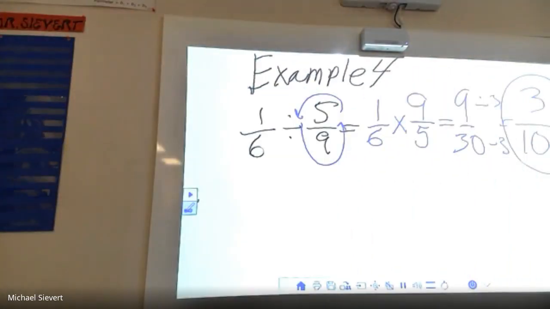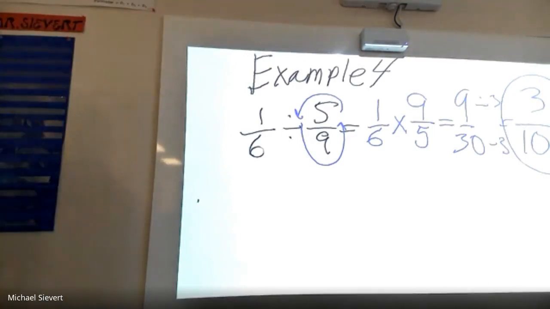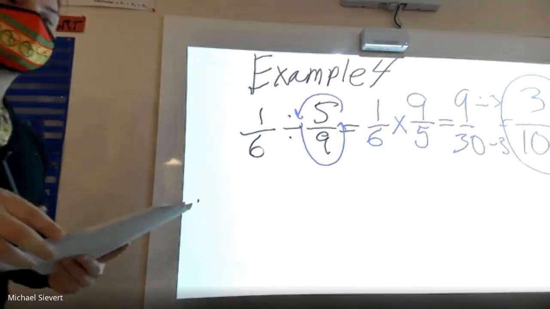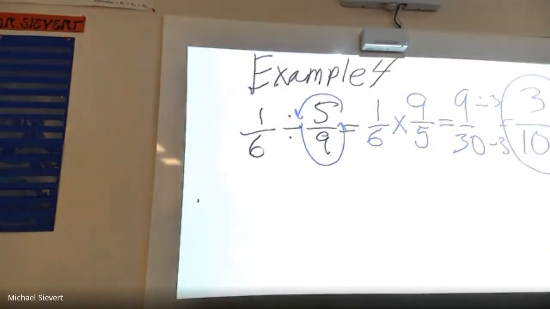All right, now it's time for your exit ticket. Put your notebook to the side or close it up. Put your pencil above your head. Make sure you write 6A on top because that's your homeroom, so I know which homeroom you belong to. This will be all about division. Make sure that you flip the second one and then multiply like normal.